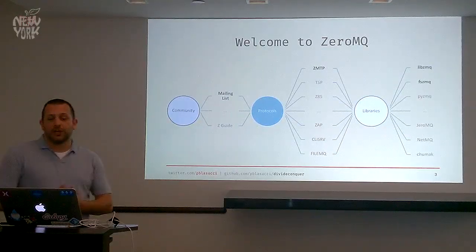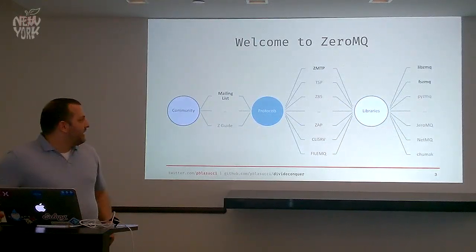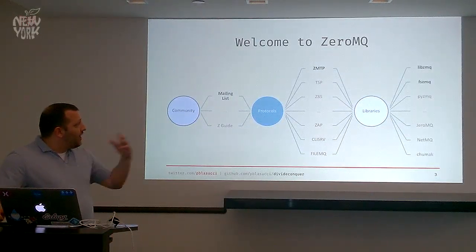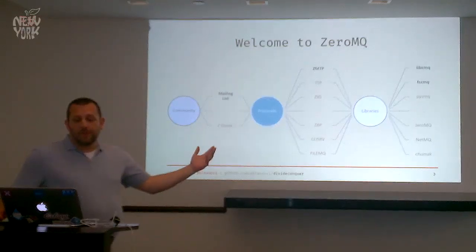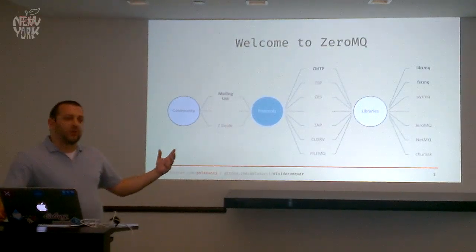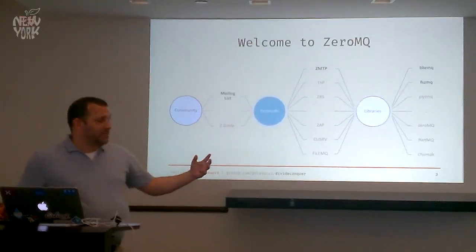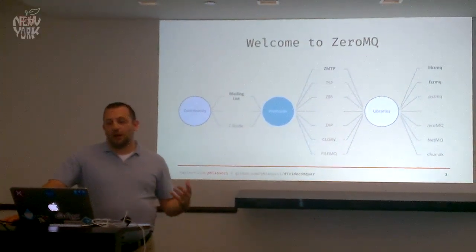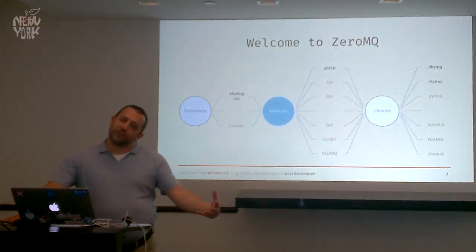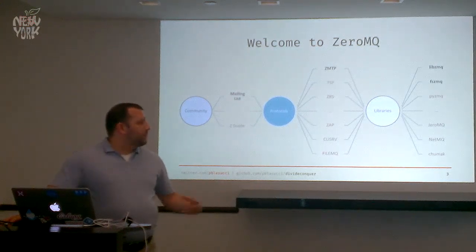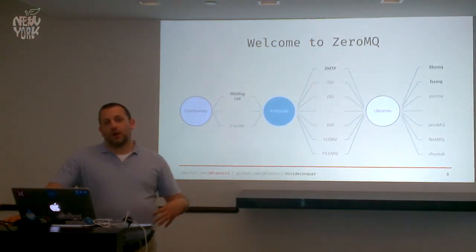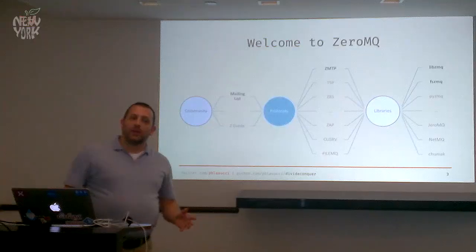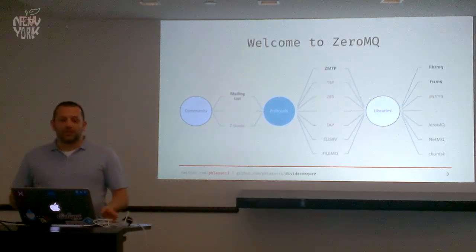The two we're going to look at are FSZMQ and libZMQ. libZMQ is the granddaddy of all the libraries. It's the canonical C++ implementation and the first library. FSZMQ is an F-sharp wrapper over libZMQ that makes it really pleasant to use in .NET.